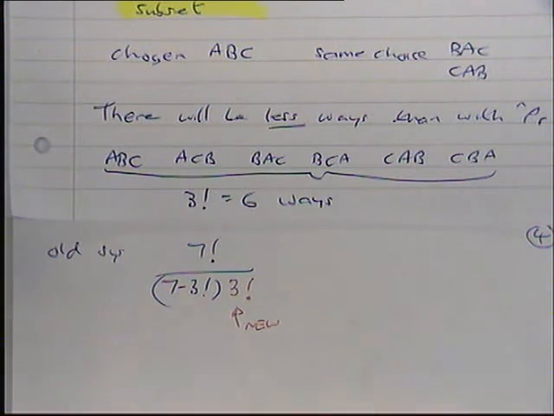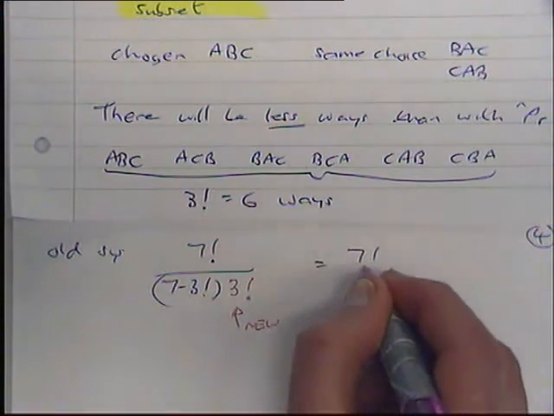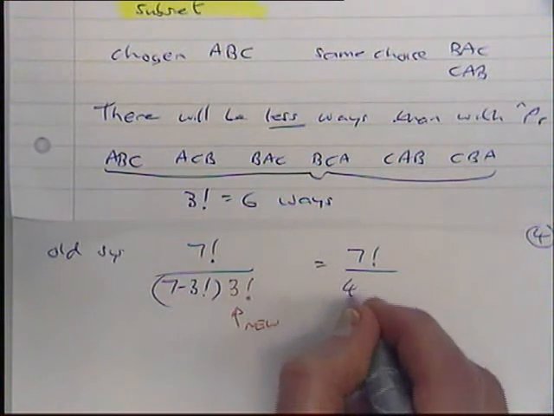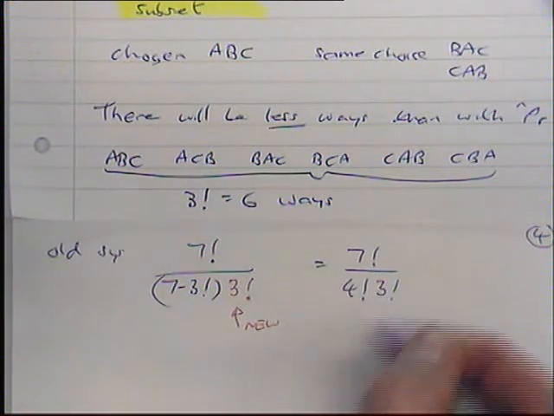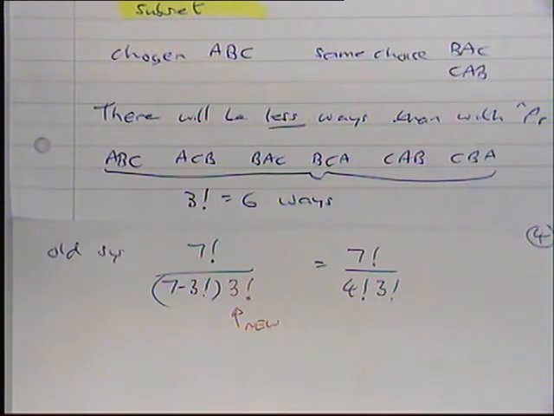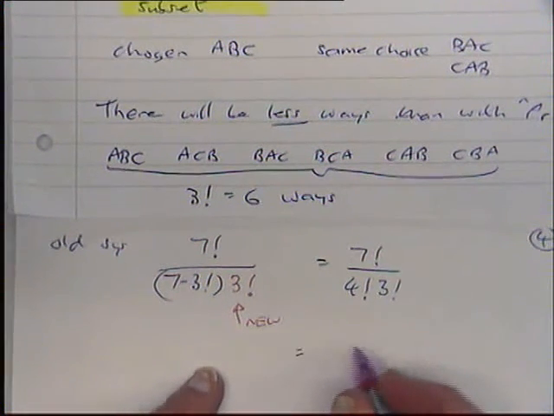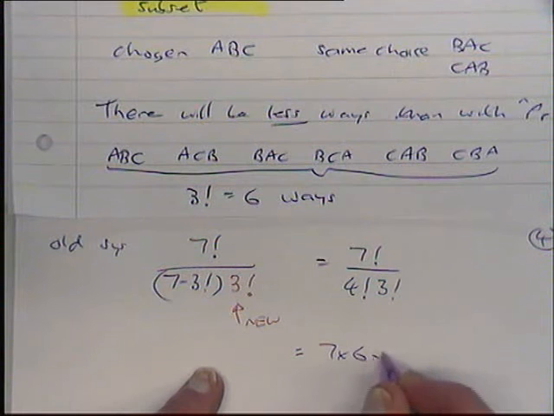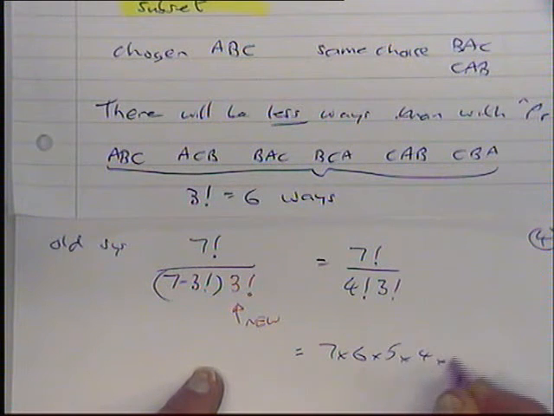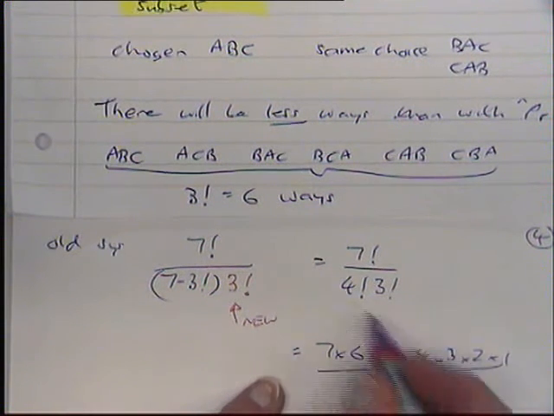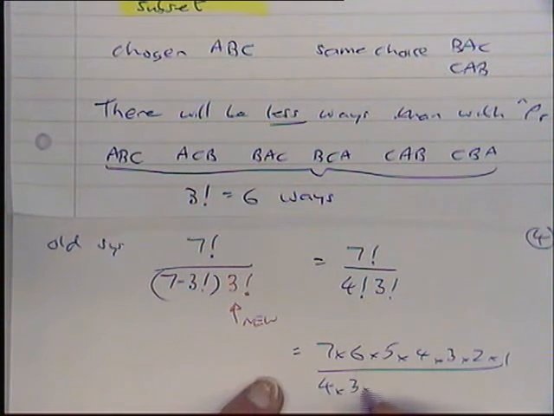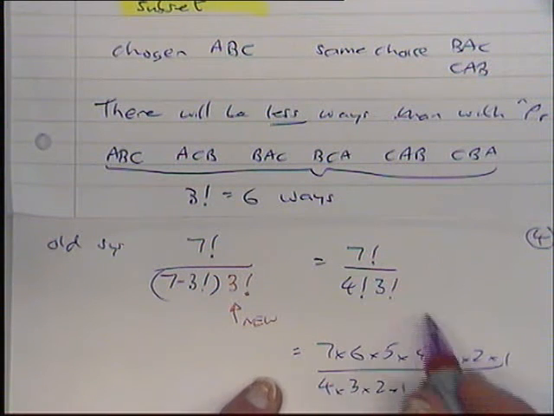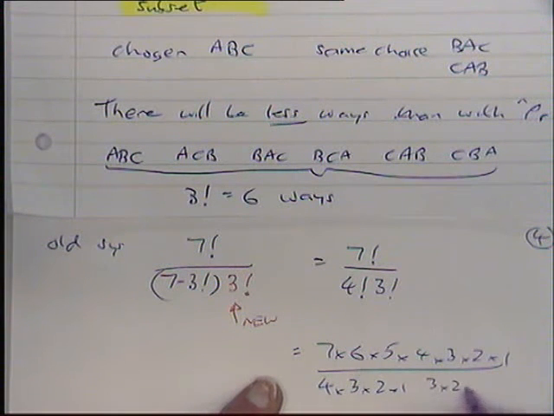So this is going to work out as being 7 factorial over 4 factorial over 3 factorial. Hang on a minute. Yeah. Okay? So that's 7 times 6 times 5 times 4 times 3 times 2 times 1. I'm dividing it by 4 times 3 times 2 times 1 and also 3 times 2 times 1.